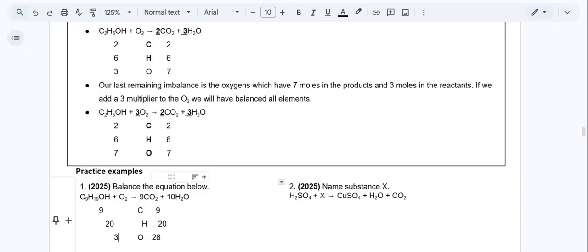So we would get our calculator app out, and we would try and find out what you need to multiply 2 by to get to 27. So 27 divided by 2 is 13.5.